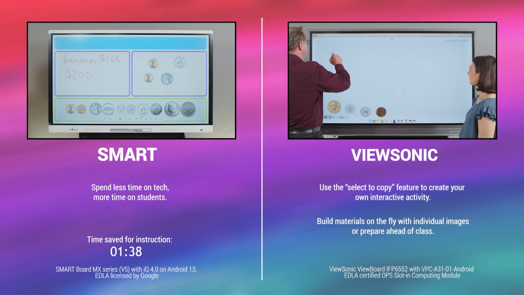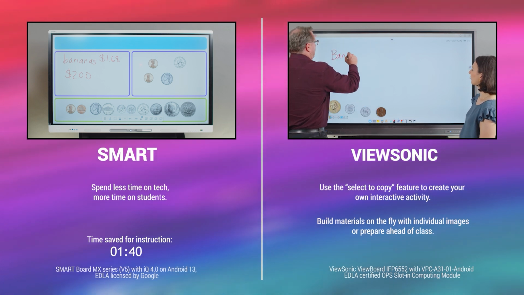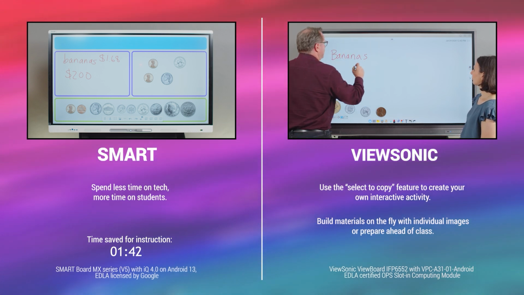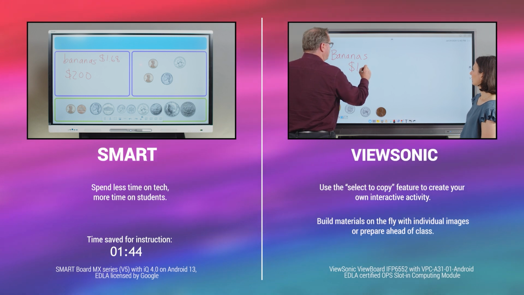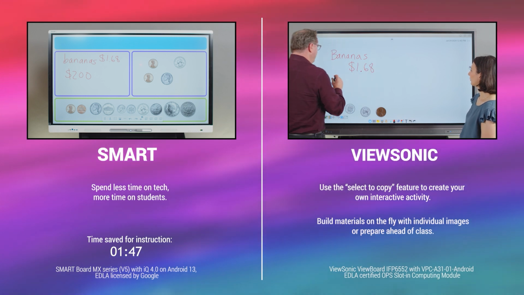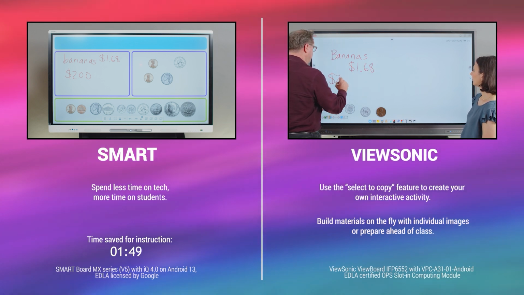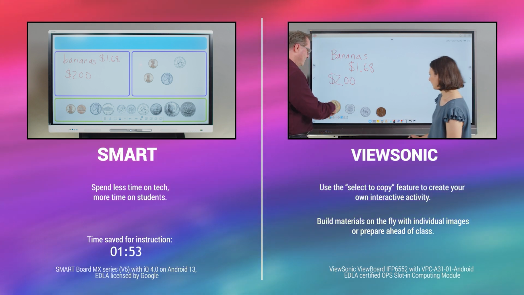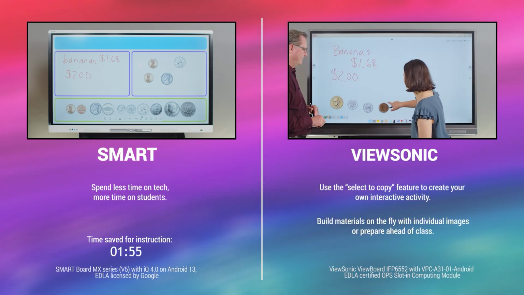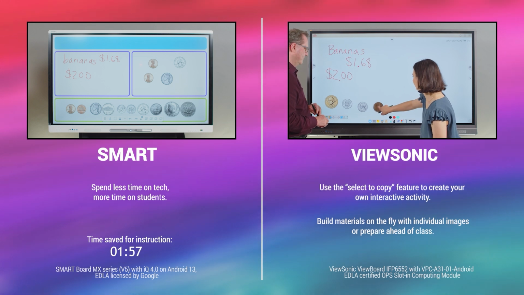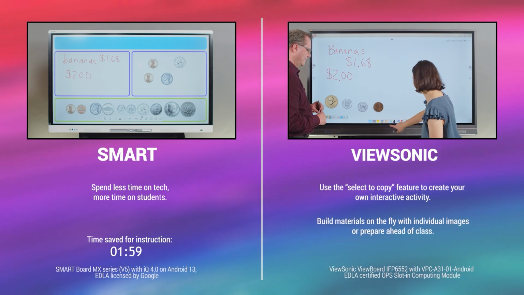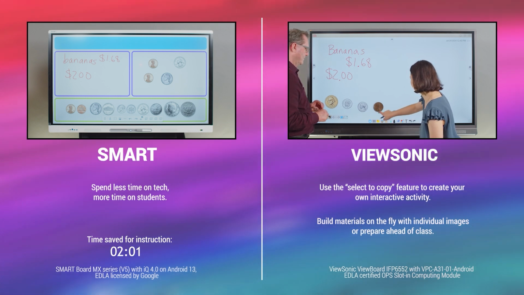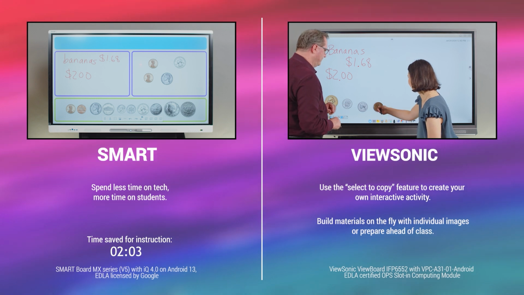We're gonna do bananas. And we're gonna make change. Bananas are $1.68. And we need to make change from $2. So, you drag some coins there and we'll count up. You can use the back of your pen, I think.